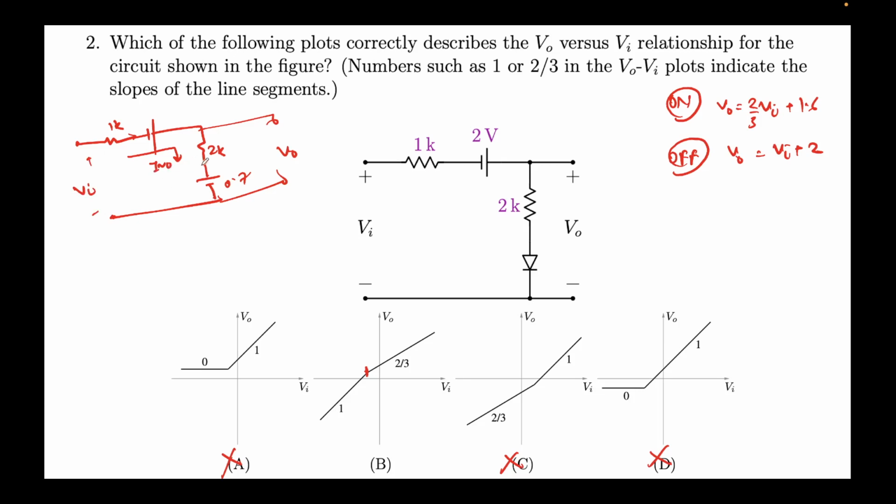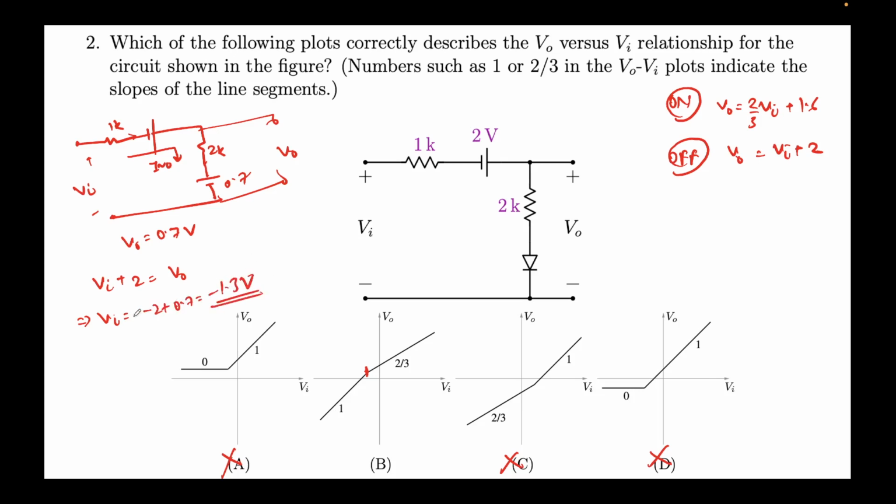Since the current is 0, there will be no voltage drop over here. So you can clearly see V naught will be 0.7 volts, and if you apply KVL over here, Vi plus 2 will be equal to V naught. This gives Vi equal to minus 2 plus 0.7, which is minus 1.3 volts.